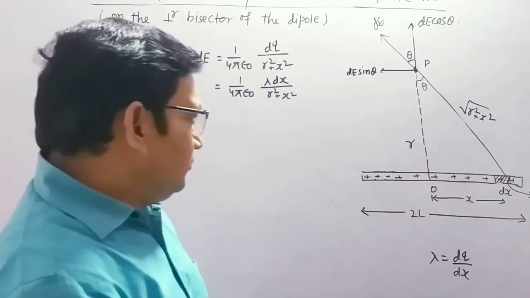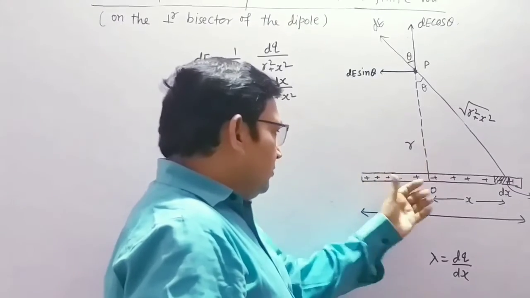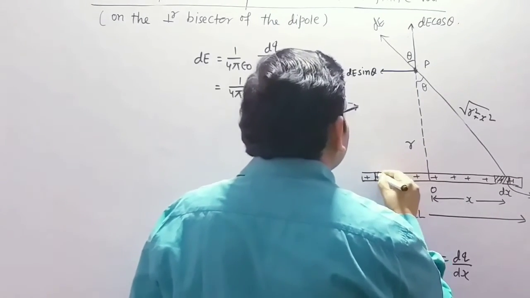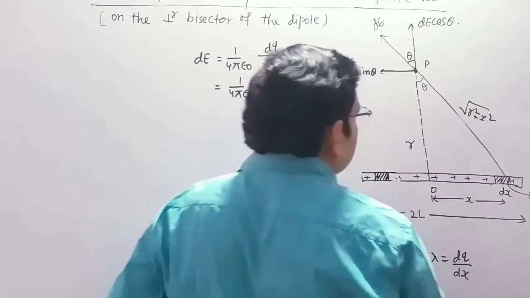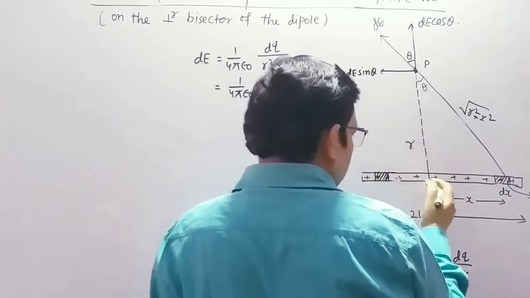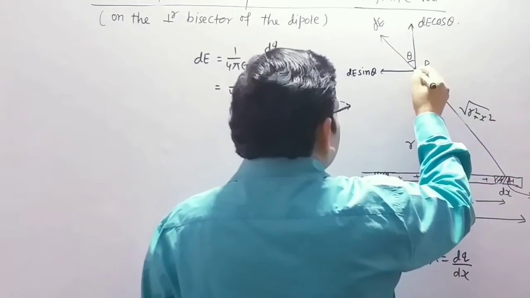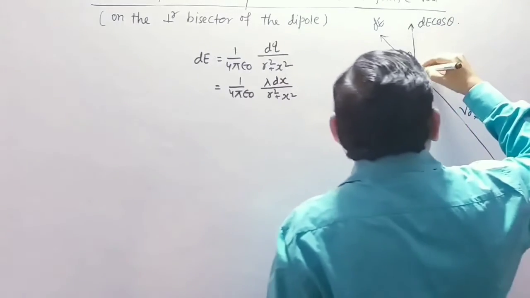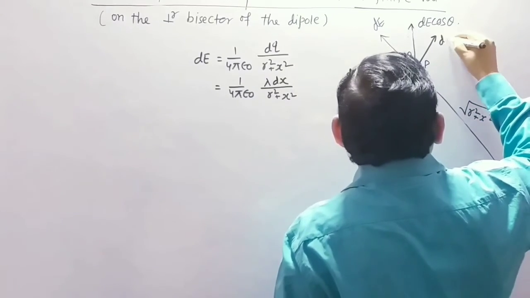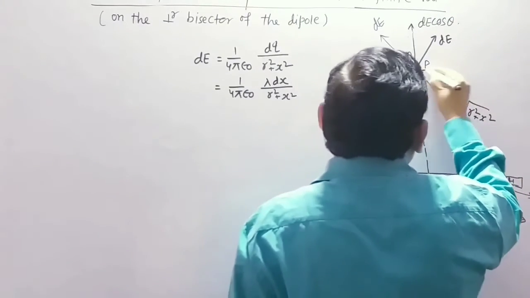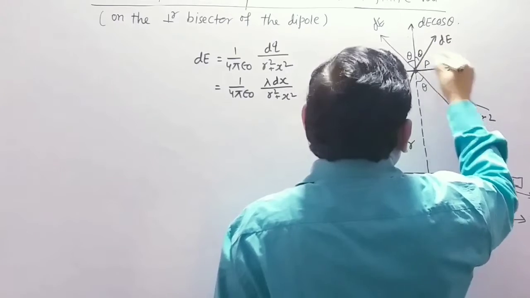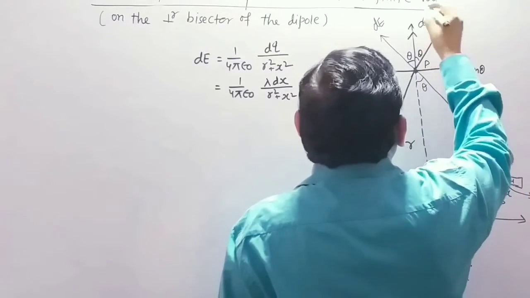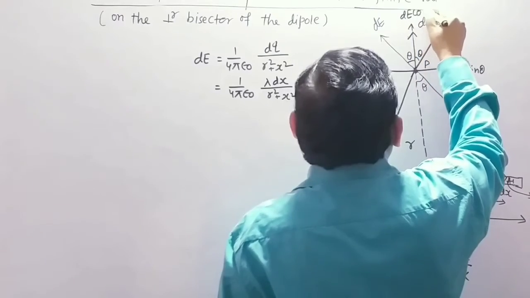Now look at the symmetry. We consider one more element on the left hand side of the point O, at the same distance from point O. Writing the electric field for this one, the direction of this electric field is dE, resolving dE into two components: once again, the horizontal component dE sin theta and the vertical component dE cos theta.